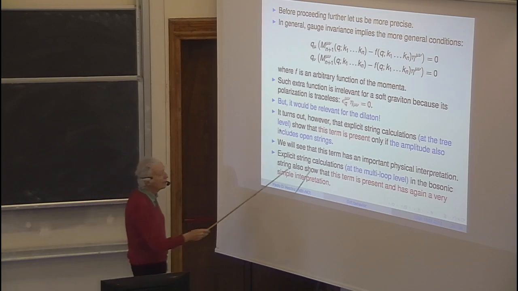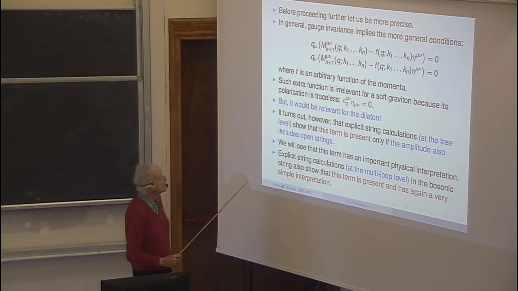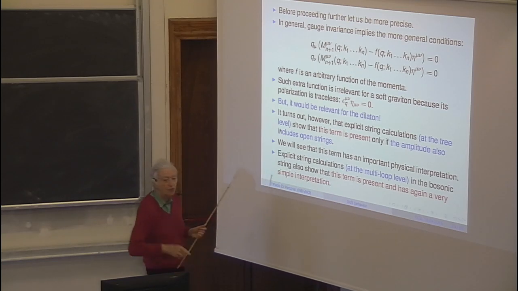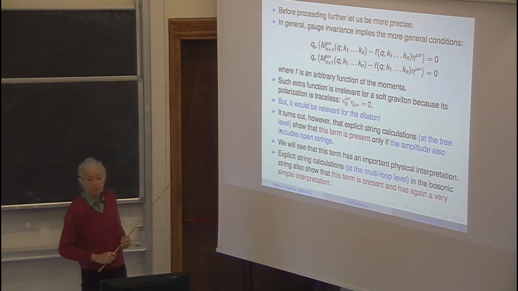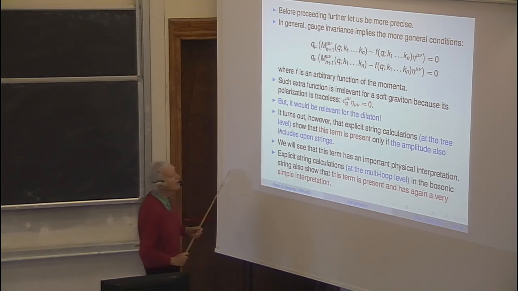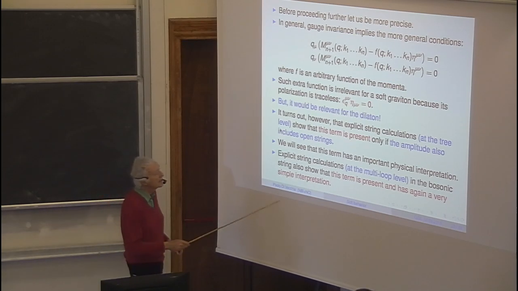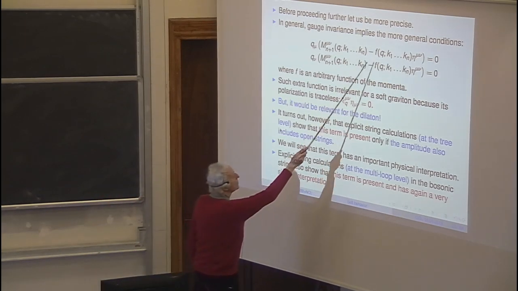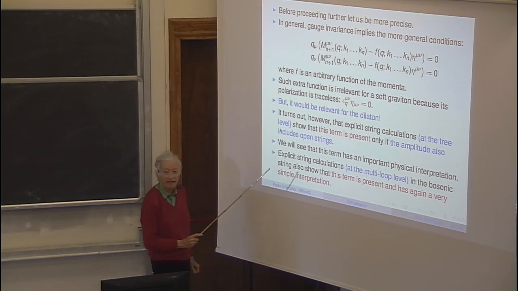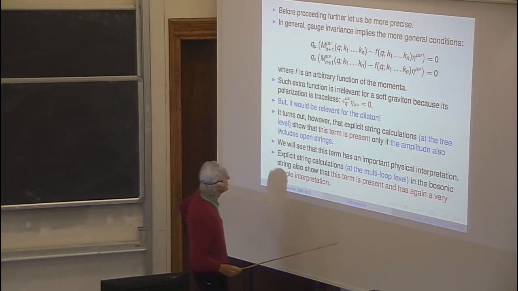Now, it turns out that if you do an explicit string calculation, for the moment at the tree level, this shows that this term, if you have only closed strings, is not present. However, if you have among the other states also open strings, then this term is present for open strings. And we will see that this term is important, as for the case of open strings it has an important physical interpretation.